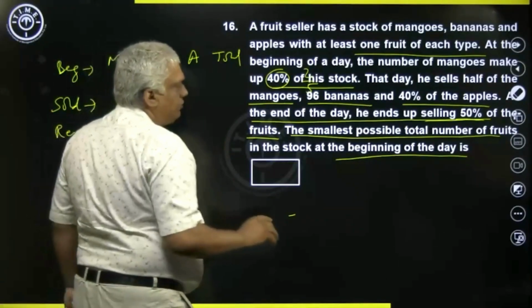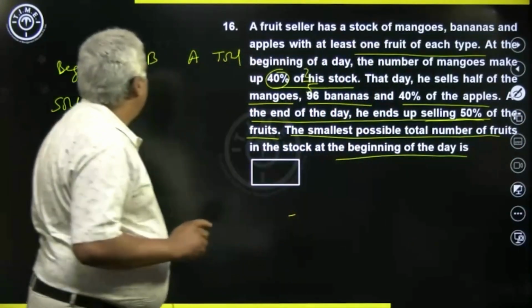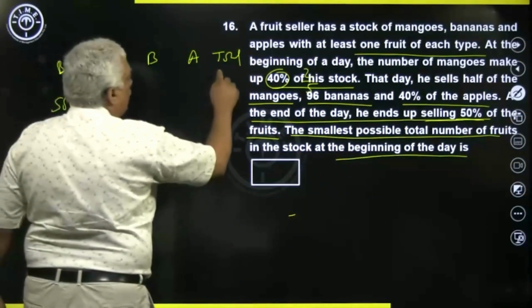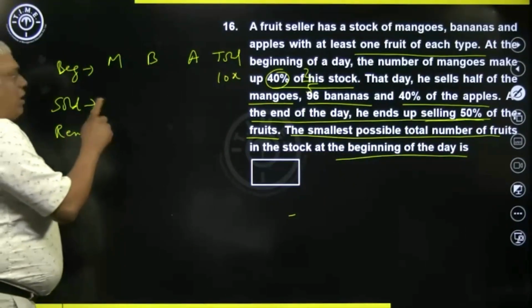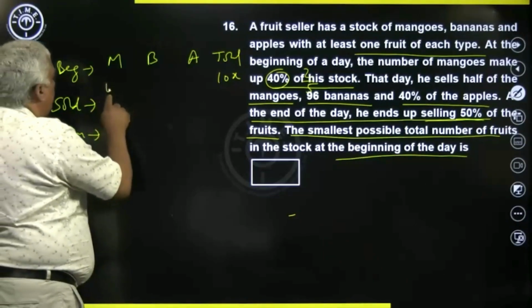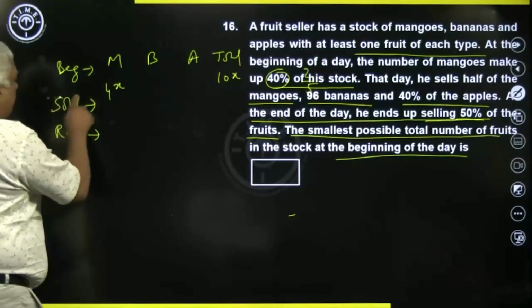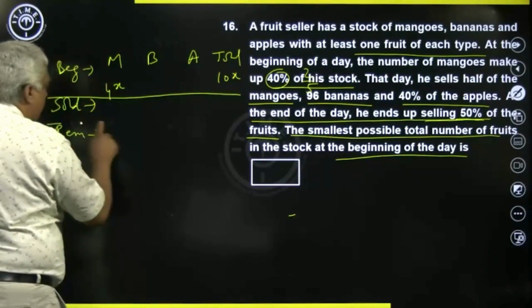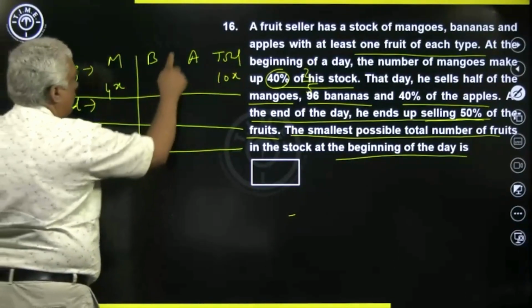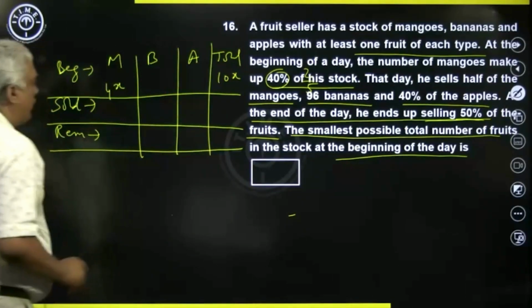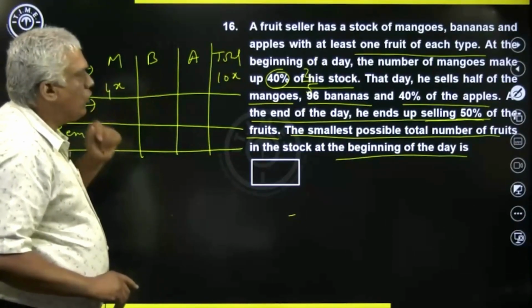So let's say the total fruit was 10x. Mango was 40%, so mango was 4x, total fruits 10x.